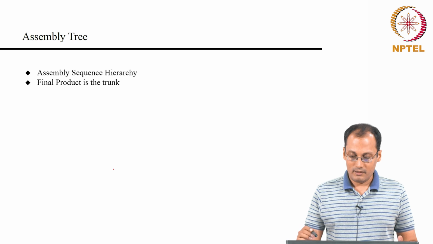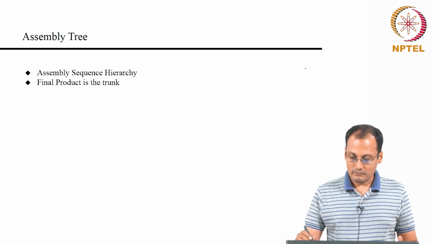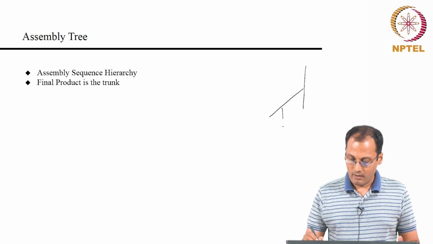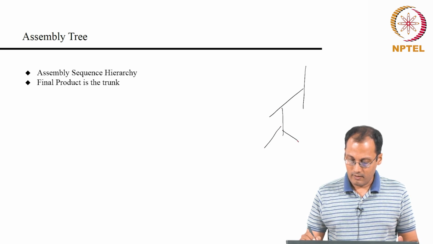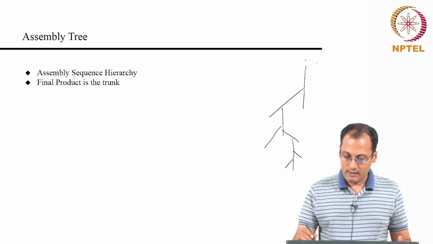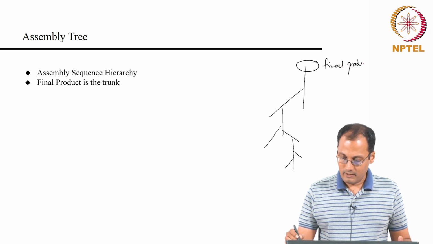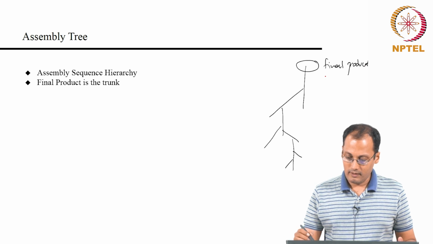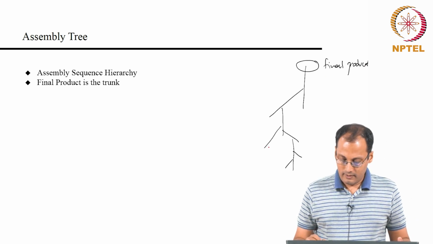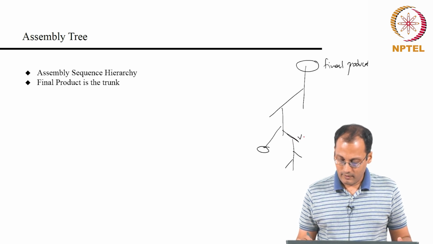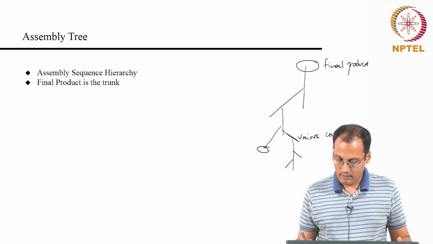So, they come together to form the final product, which is the trunk, and these leaves and the branches represent various components and assembly operations.